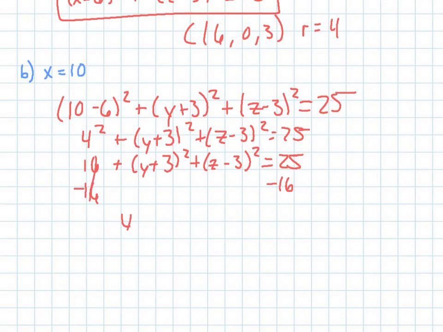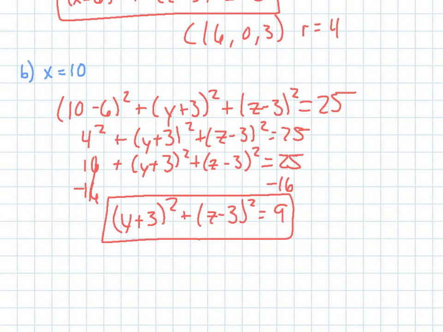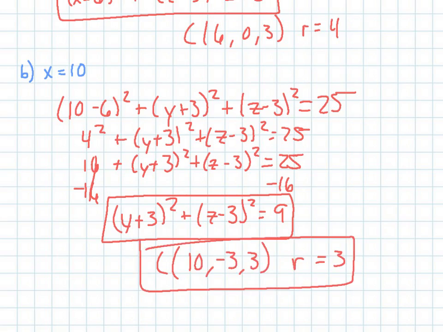So it leaves me with y plus 3 squared plus z minus 3 squared equals 9. This is the equation for the trace. Now our center is at 10, comma, negative 3, comma, 3, and our radius is now 3. And those would be my answers. Have fun.